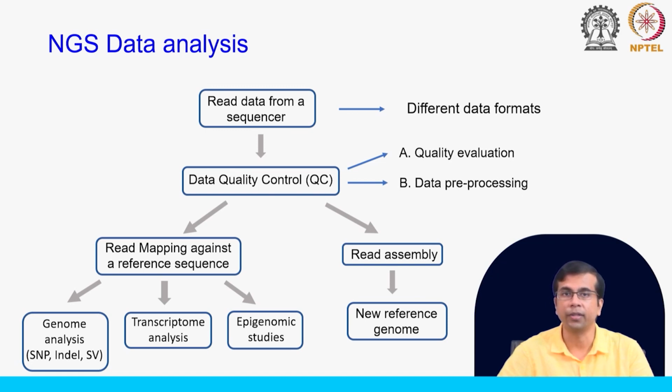On the other side, we talked about read assembly in the last few classes: the assembly algorithms and tools, and then we get a new reference genome after the assembly process. We have discussed all this, and the epigenomic part is remaining, which we are going to discuss in the next few classes.